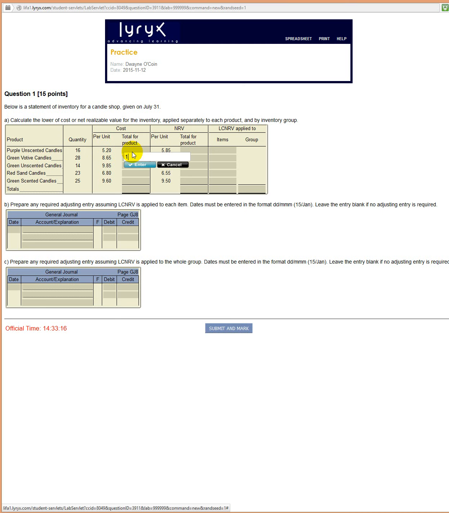We have 16 units times 5.2, and that's $83.20. 28 units times 8.65. Yeah, that's right. And then we have 14 units times 9.85. And we have 23 units times 6.8. We have 25 units times 9.6.